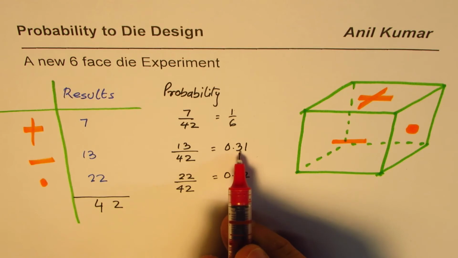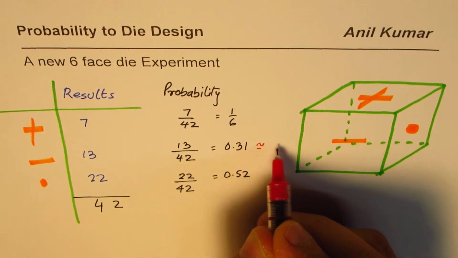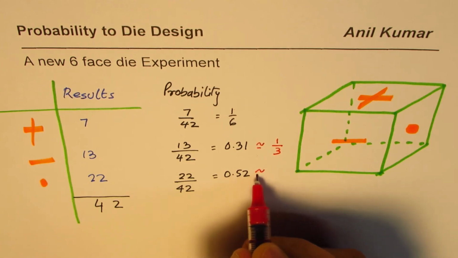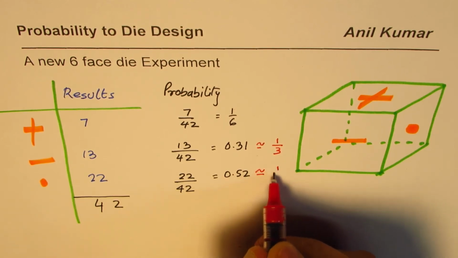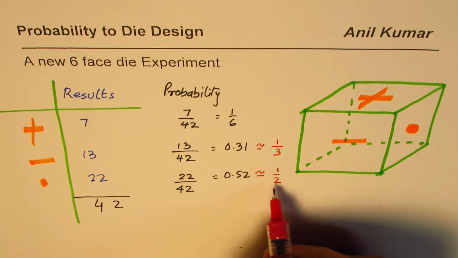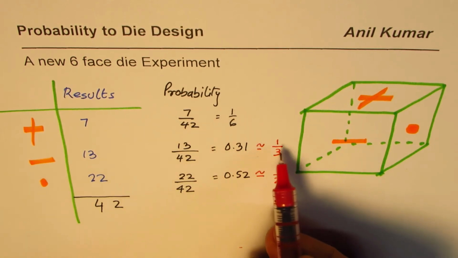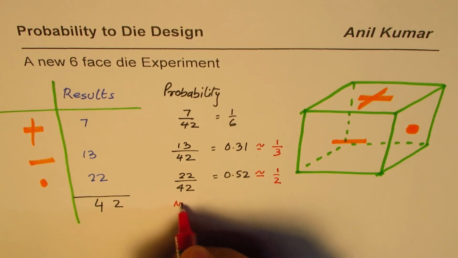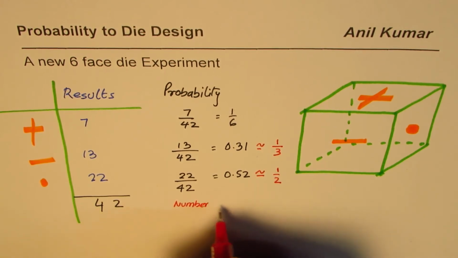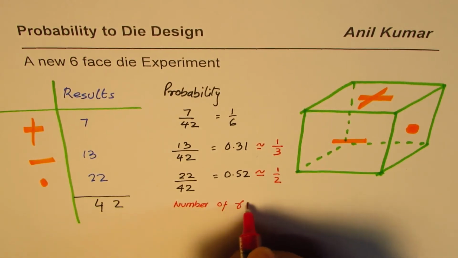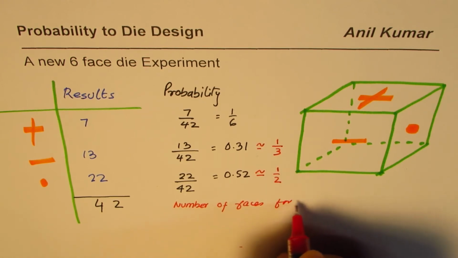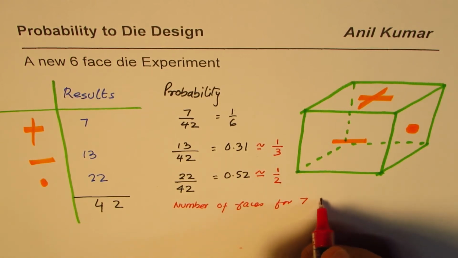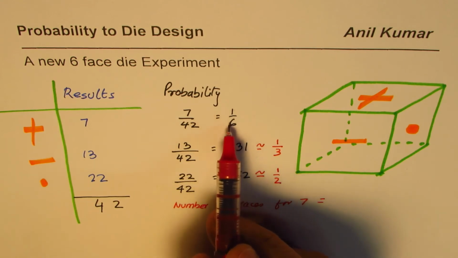0.3 means 1/3. This is approximately equal to 1 out of 3, and this is approximately equal to half. Do you see? Half of 6, 1/6 of 6, 1/3 of 6. Those are the number of faces. So we can say that the number of faces for plus is equal to 1 over 6.